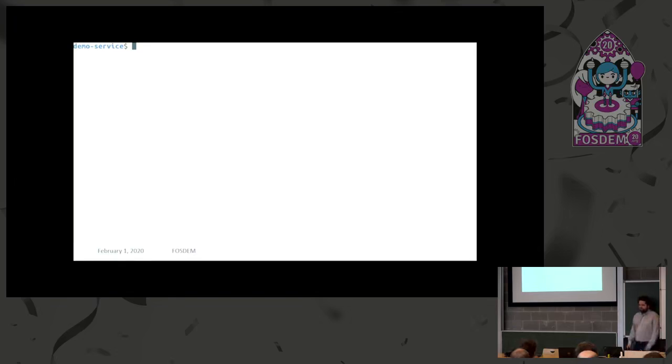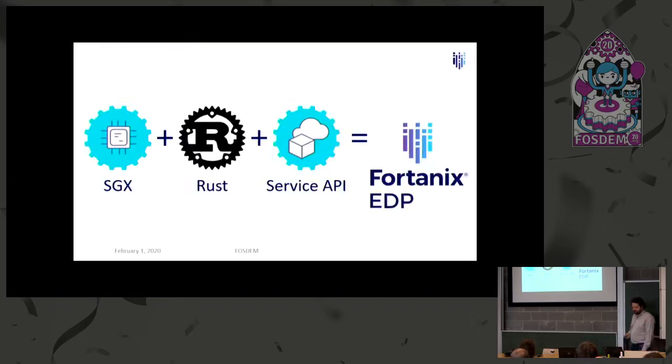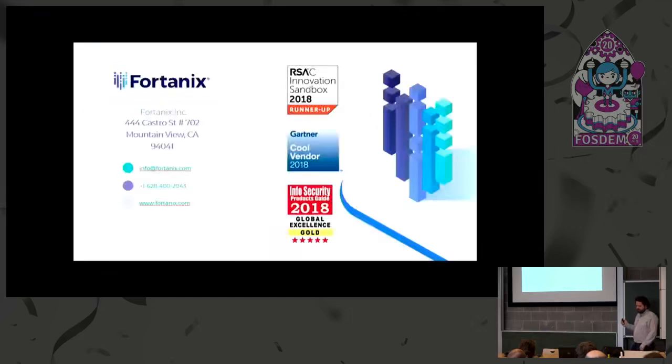The goal is to do the same thing, where we run the same code in the enclave and have a small proxy. Sorry, the question was, are we going to support other enclave technologies?